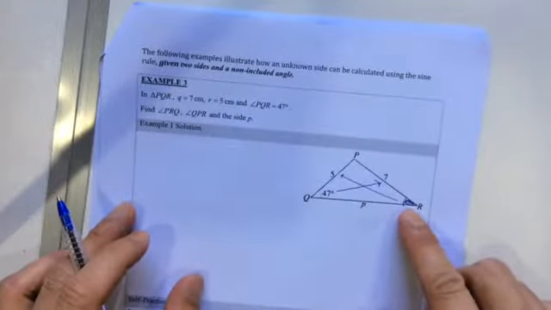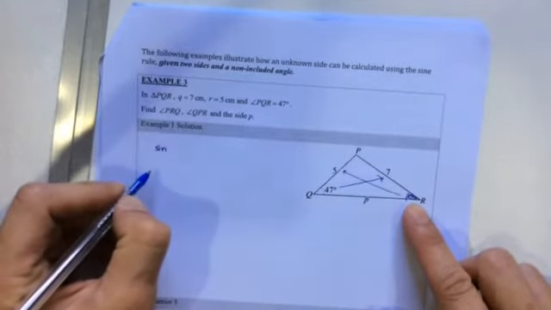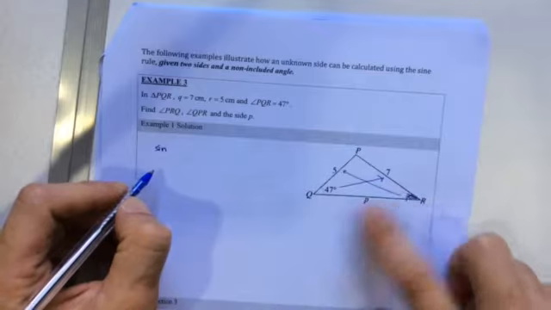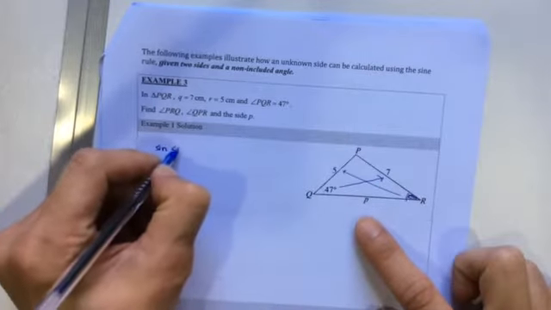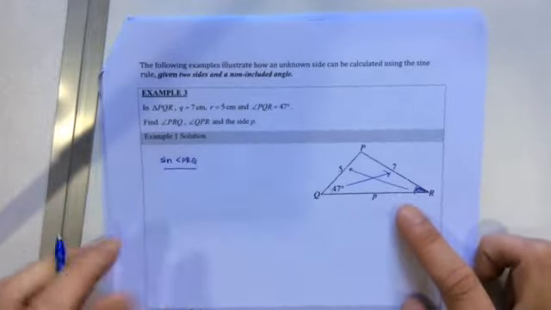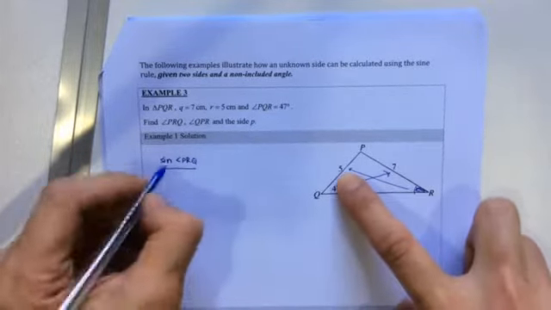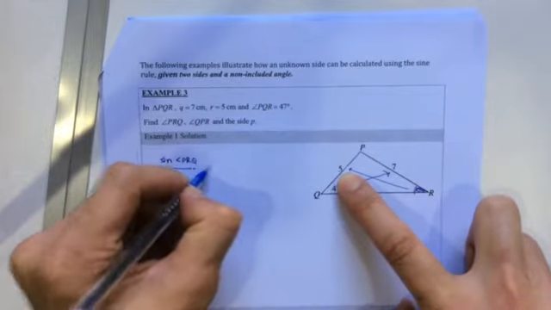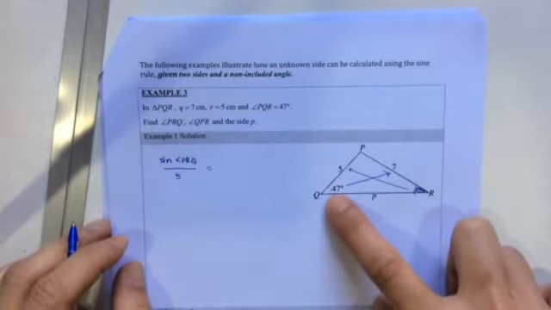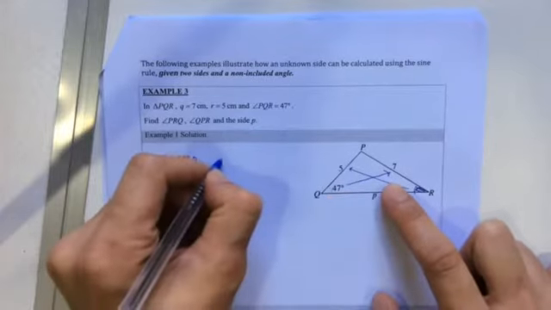Now that I have to find the unknown angle, I have to start with the sine of this unknown angle, angle PRQ, over the side. The side, if you can see from the arrow, is 5, and this equals sine 47 degrees over 7.